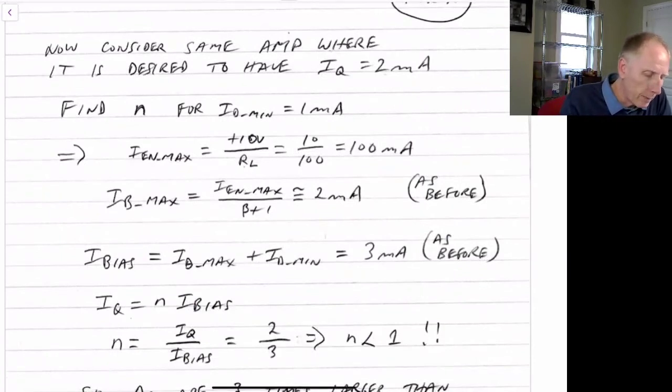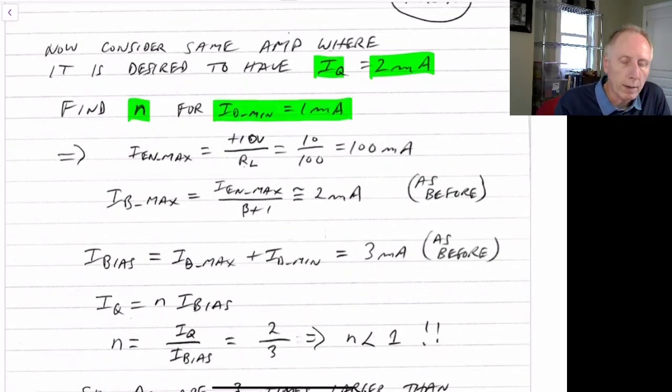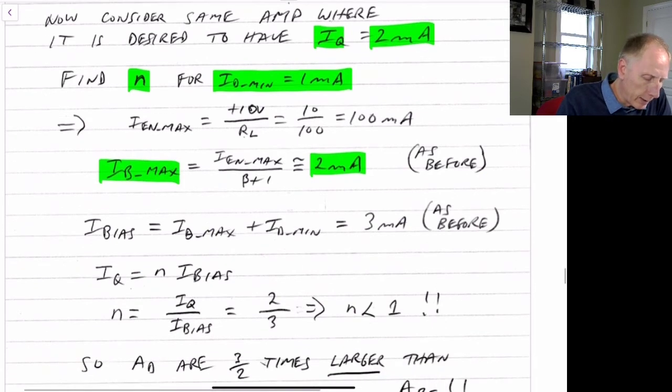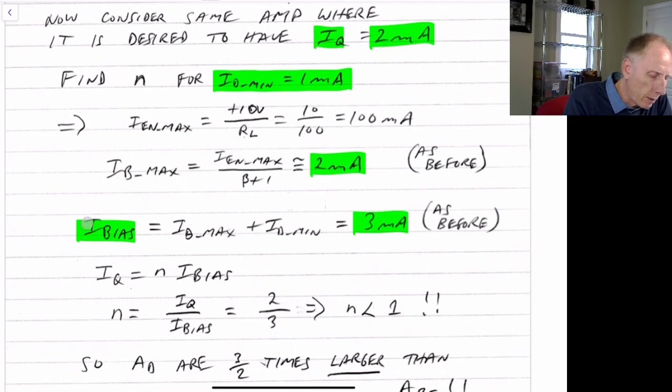So we want to look at the same case, but we're reducing IQ to 2 milliamps. And we want to do the same thing. We want N to have a minimum current of 1 milliamp. So everything is very similar. We end up with 2 milliamps as we did before as the maximum current going through it. And we see that then the bias current is still 3 milliamps as before, so there's been no changes at all.